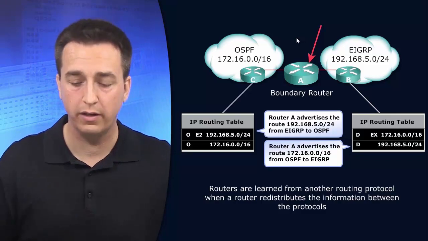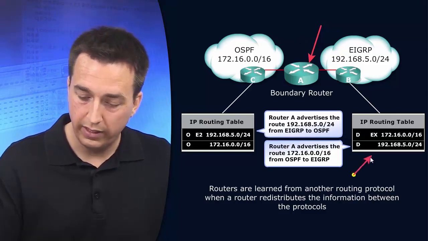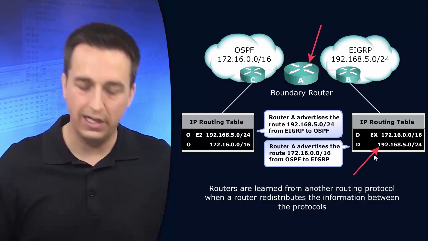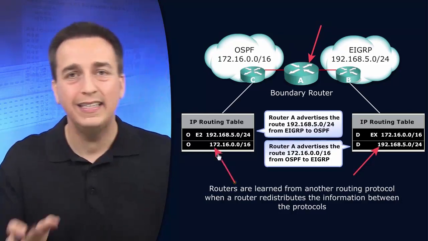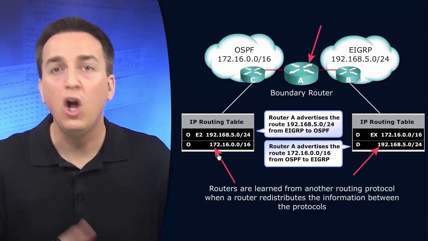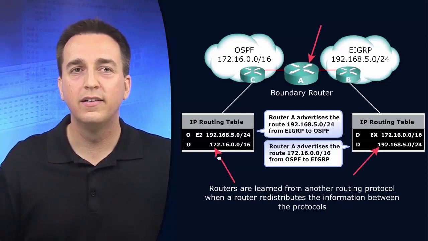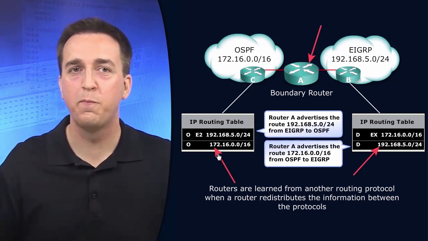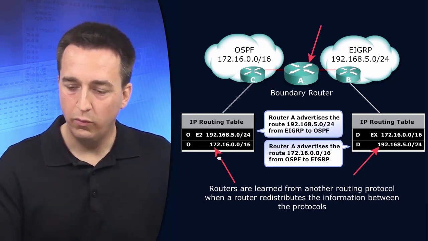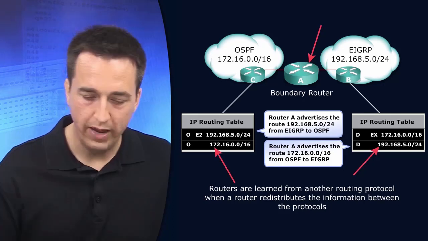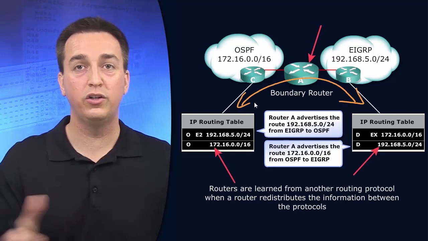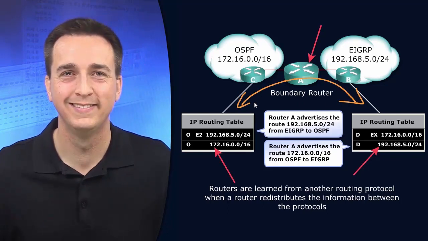So it's imperative that this entry here is in router A's routing table via EIGRP. It's imperative that this entry is in the routing table on router A via OSPF. That way, we can take those networks and share them between the two routing protocols.